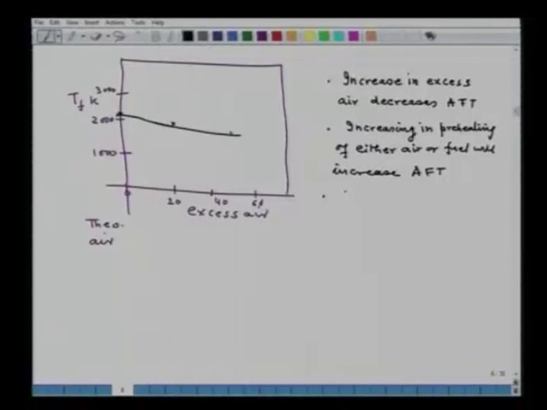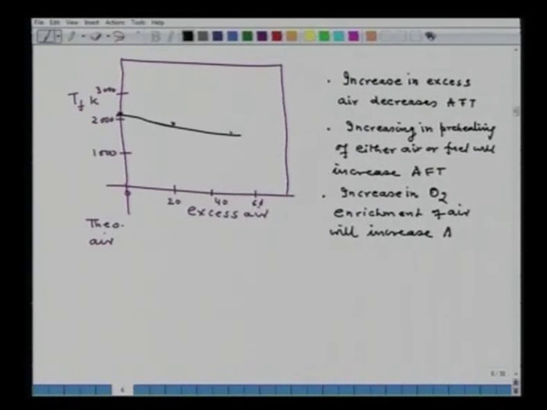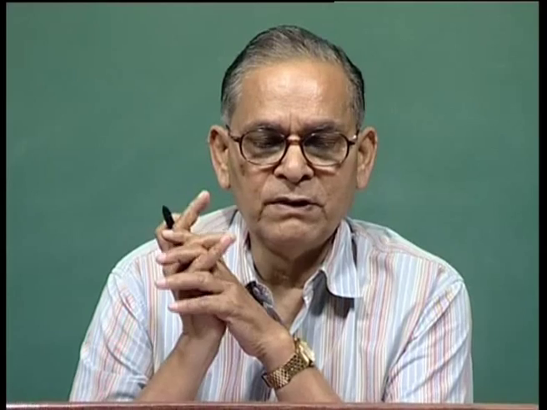As a consequence, less heat will be taken out by the products of combustion through nitrogen, and the adiabatic flame temperature has to increase with the increase in oxygen enrichment of air. So, the third thing I can write down: an increase in oxygen enrichment of air will increase AFT. This is the observation that we can make from these calculations.